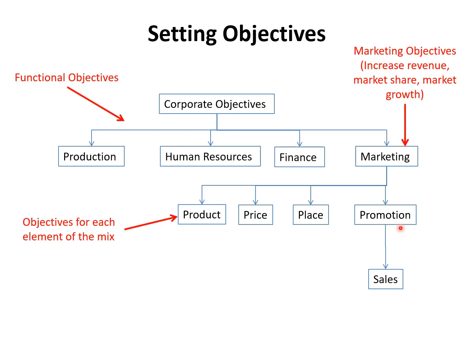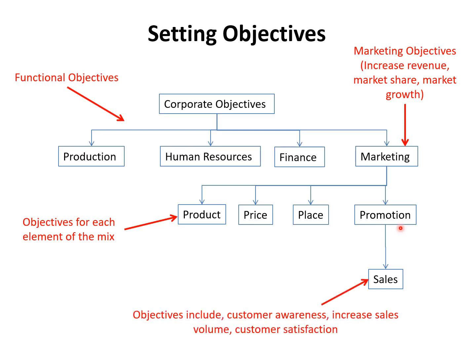Now, there are objectives for each element of the mix, and the objectives include customer awareness, increased sales volume and customer satisfaction. And the upshot of all of this are sales.